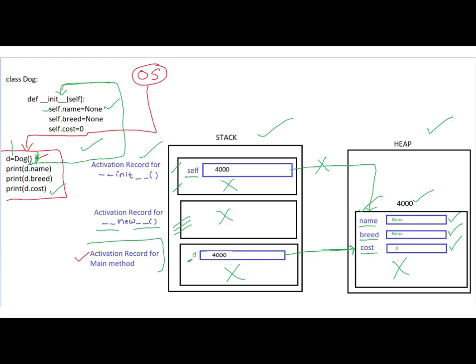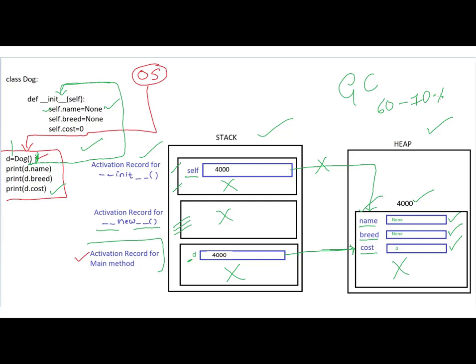Inside the heap, a referenceless object was there. Now that is collected by garbage collection, GC. GC comes at around 60 to 70% of work done. It collects all referenceless objects and cleans the memory.